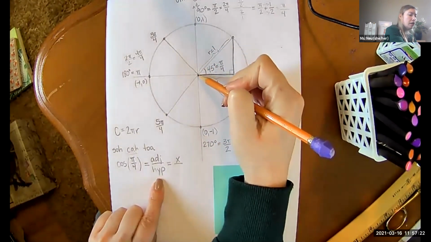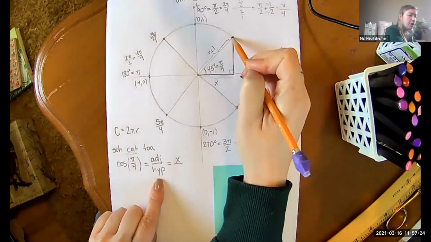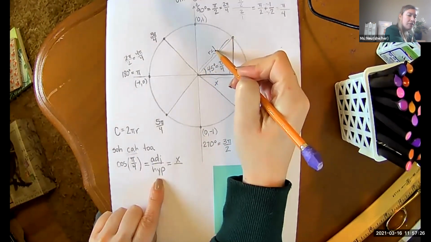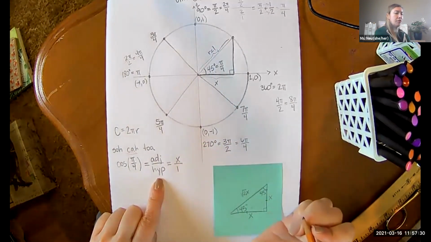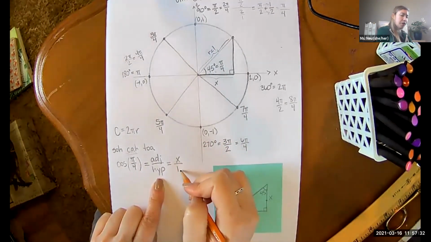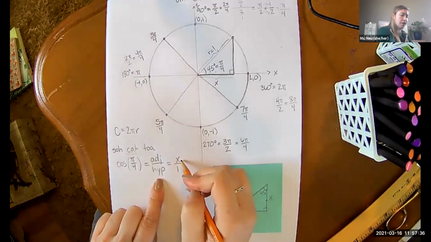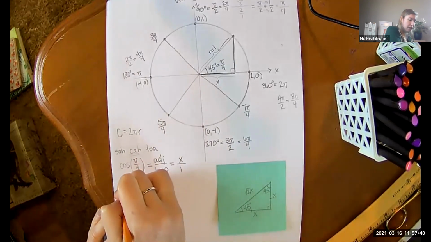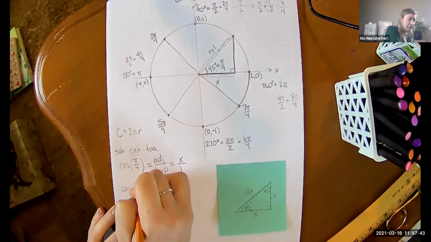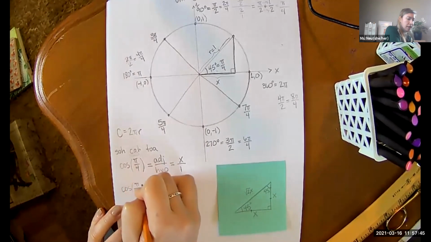And then here, my hypotenuse is up here, and we already know that the hypotenuse is a length of 1. So I'm just going to say x over 1. Well, that's pretty amazing. Anything divided by 1 is just itself, right? So cosine of whatever angle I'm at is going to give me how far I am in the x direction.